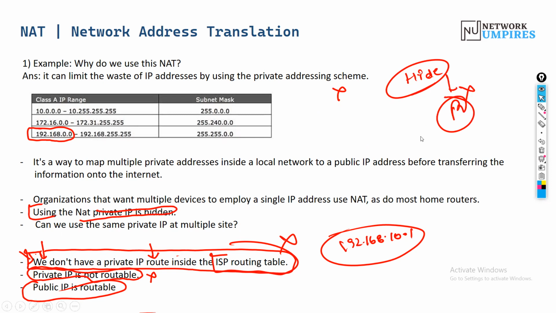So basically, NAT is a translation from private to public and public to private. And basically it is used to reduce the wastage of IP addresses. Got my point?